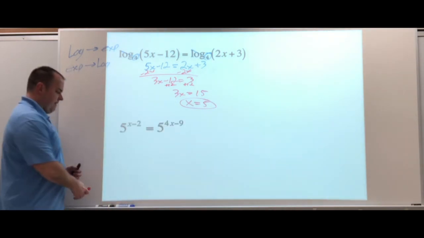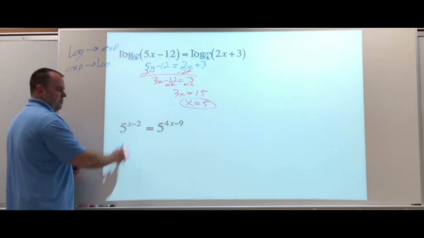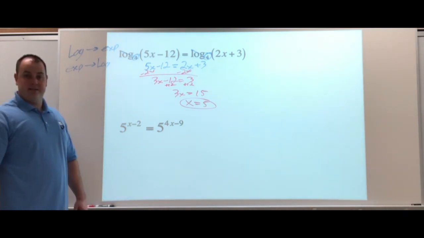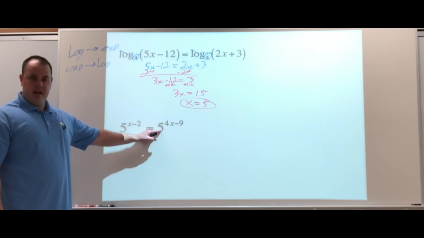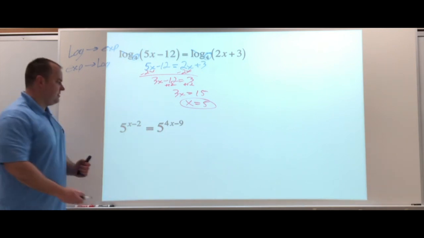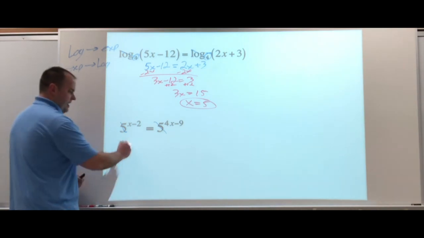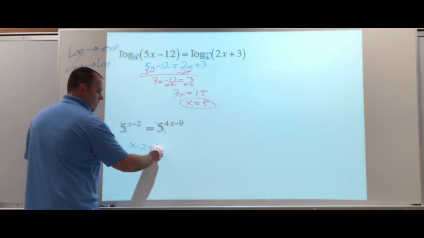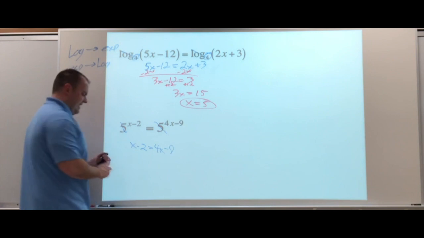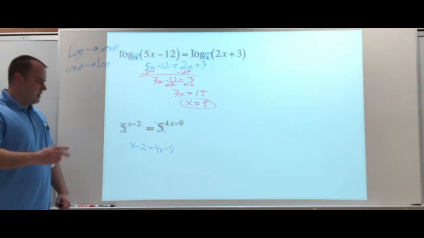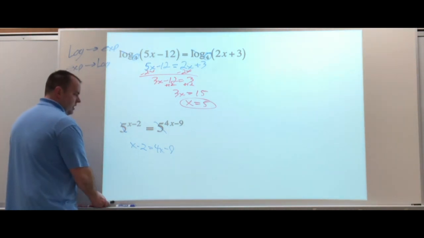Now here we have 5 to the x minus 2 power equals 5 to the 4x minus 9 power. The bases are the same again. If you have the same base, those bases are going to cancel each other out. So we have x minus 2 equals 4x minus 9. And again, it's a basic equation. Collect the variables.